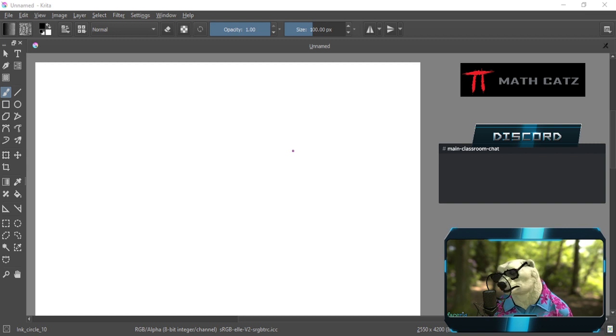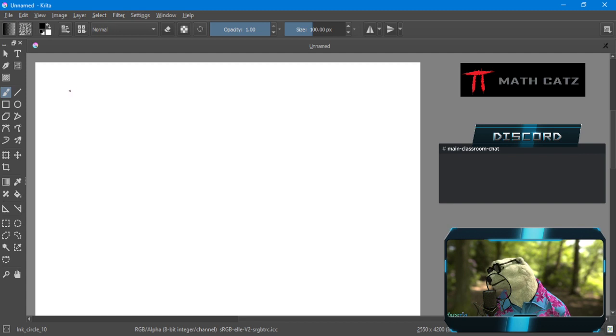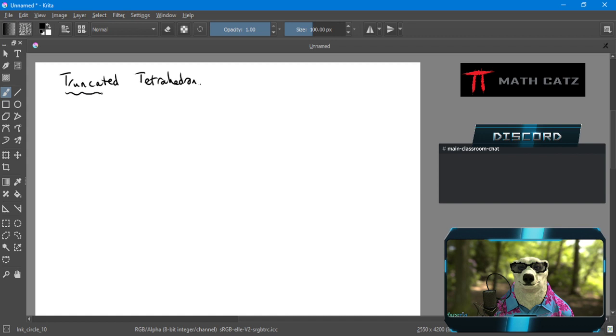So let's start by drawing a tetrahedron. Let's just say what we're going to do. We're going to truncate a tetrahedron. Messy writing, but it's still okay. So first, I need to know the tetrahedron.